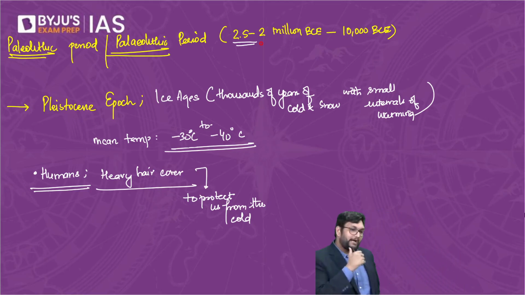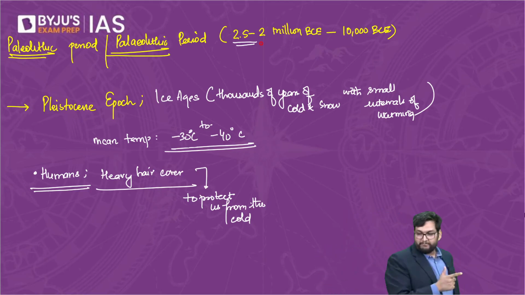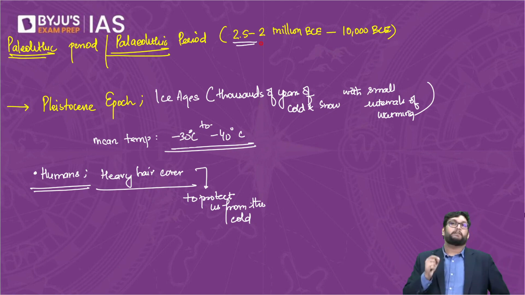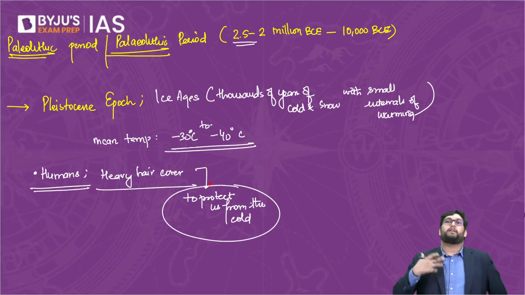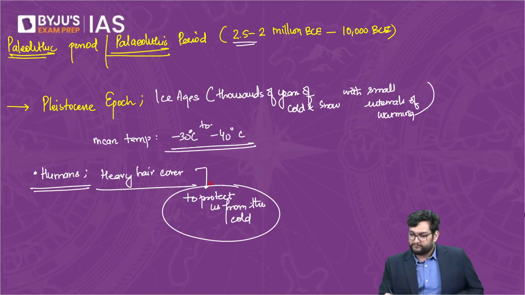Pleistocene epoch, Ice Age. Mean temperature is minus 30 to minus 40 degrees Celsius. Humans have heavy hair cover to protect us from the cold, and we exhibit the same type of evolutionary ideas. But what is more important is animals.